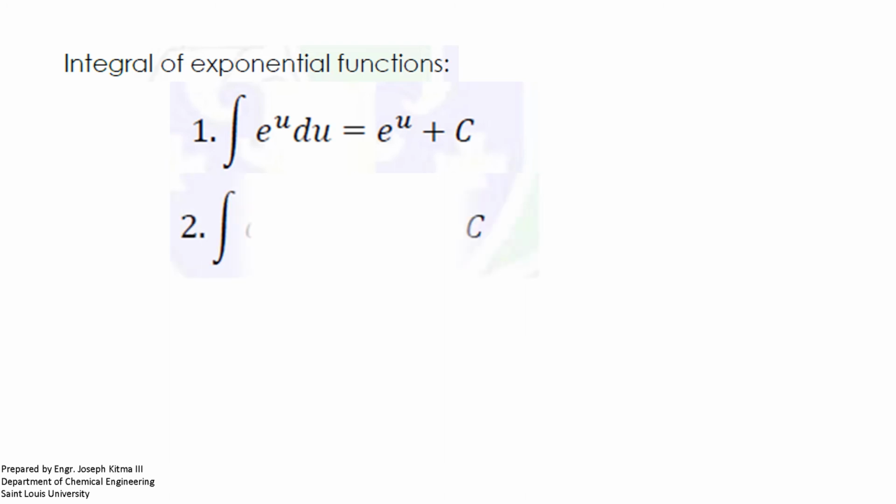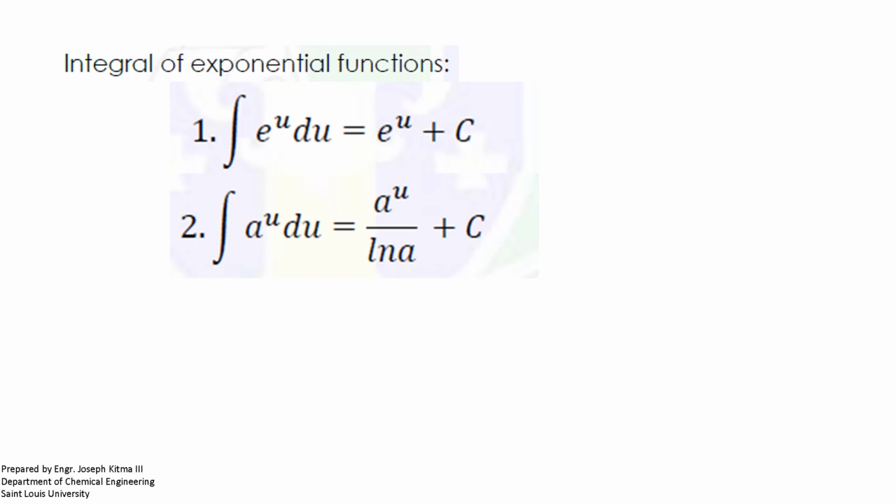Let me introduce the integral of exponential functions. These are the formulas. First, the integral of e raised to u du is equivalent to e raised to u plus c. The second is the integral of a raised to u times du, which is equivalent to a raised to u all over the ln of a plus c. Let us review.